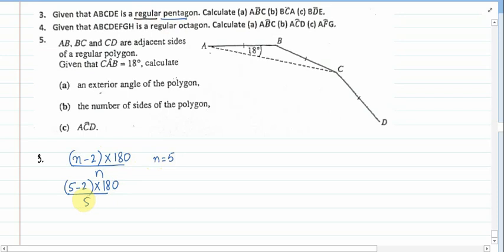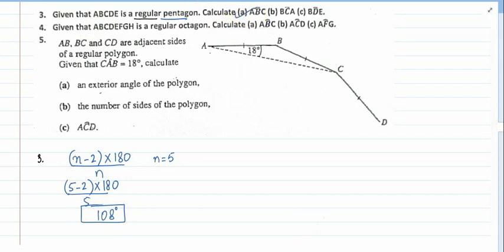You can easily find the value. 5 minus 2 is 3, times 180 divided by 5, it's 108. So the interior angle of a regular pentagon is 108. Alright, so ABCDE is a regular pentagon, ABC, BCA and BDE. That is your first part answer, ABC.